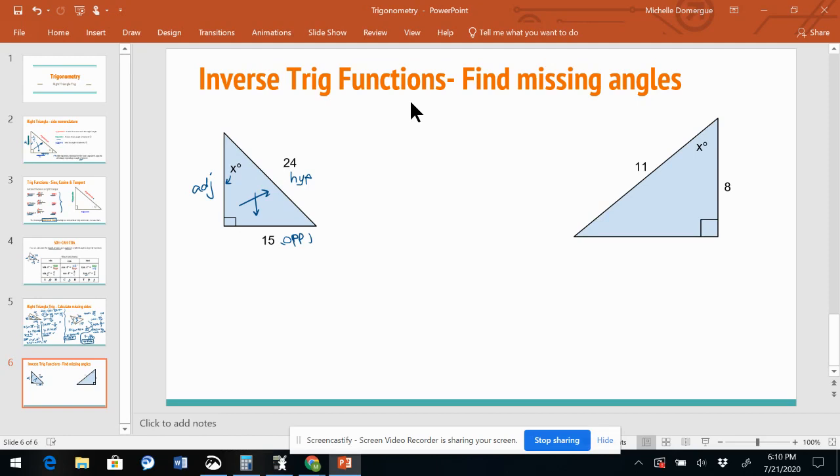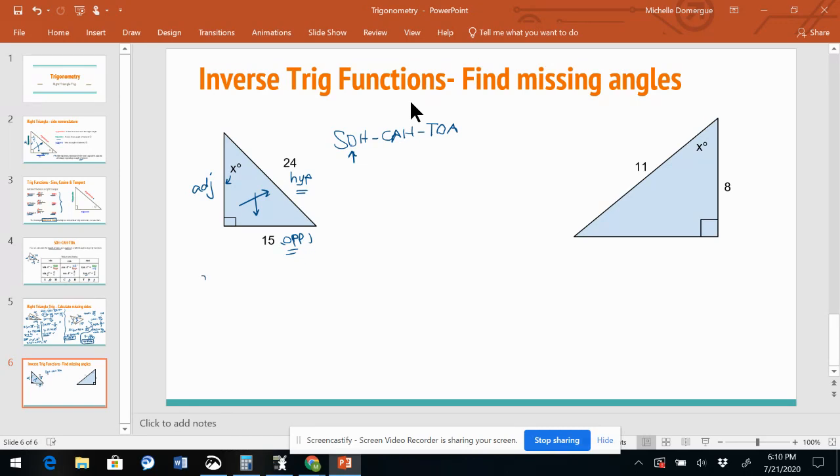Okay, so I am given the hypotenuse and I'm given the opposite. So if I go back and think of my SOHCAHTOA, which trig function deals with the ratio of opposite and hypotenuse? Again, that's sine.